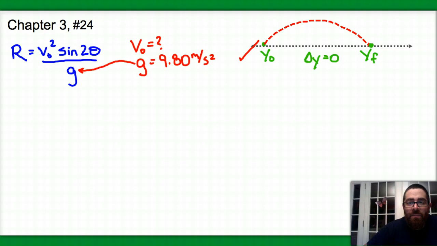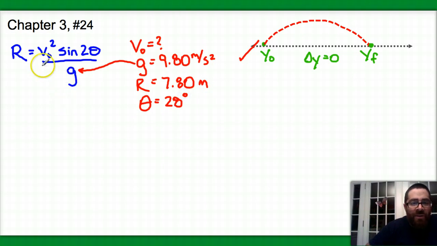Okay, so let's see what else we have in this problem. We have the range. The range is equal to 7.80 meters, and we also know the angle theta is equal to 28 degrees. So if I rearrange this equation, I'm going to multiply both sides by g.